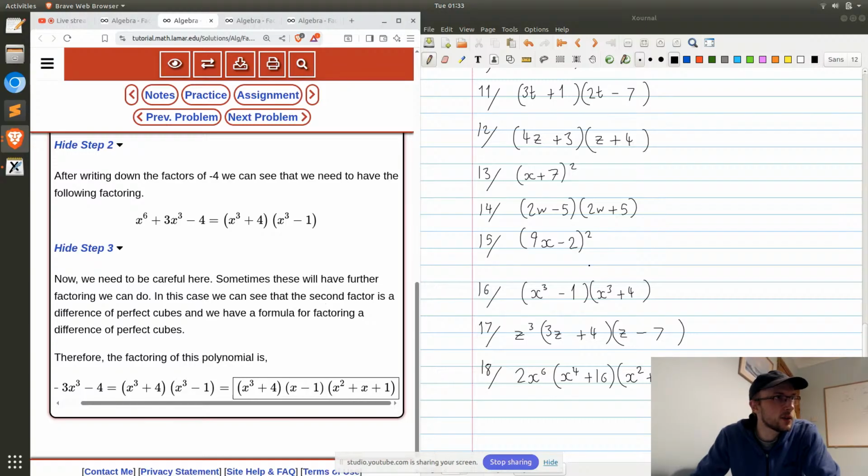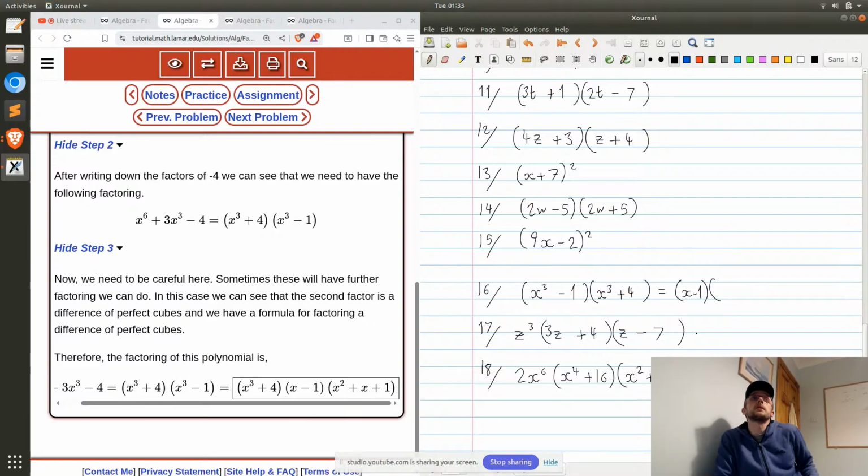A difference of 2 cubes. I actually know that pattern. I just wasn't even sufficiently animated to. Now, what is the difference of 2 cubes?